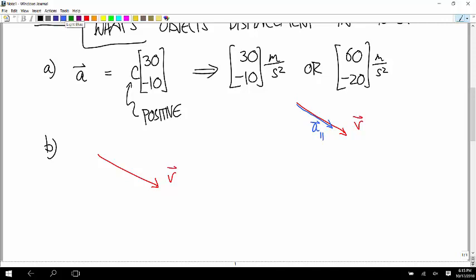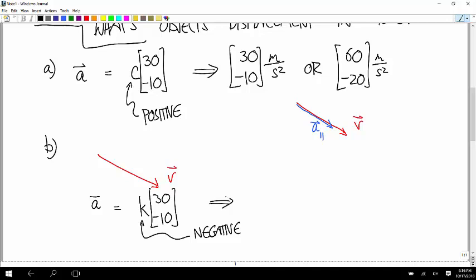Okay, so for part B, the acceleration has to be equal to, I'll say the constant is lowercase k, so k times 30, negative 10, where k is negative. And that could be any negative number, negative 1/1000th, negative 1,000, anything.